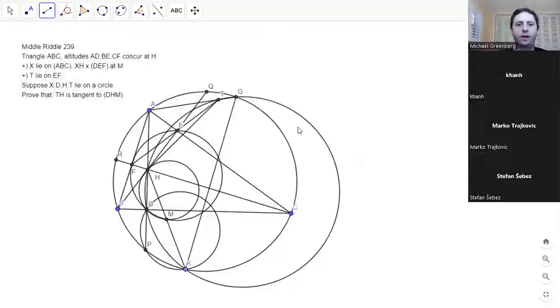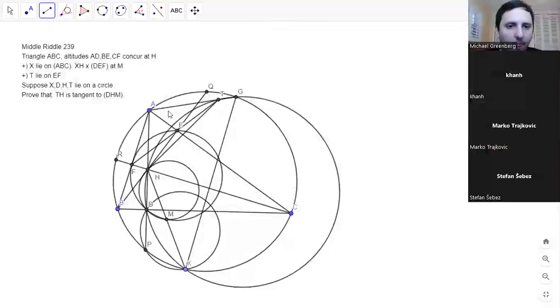By inversion at A. Oh, because AHEF is cyclic. So I guess you're inverting about A, doing an inversion about A with radius, yeah, root H. Okay. Yeah, let's see if we can do it just by angle chasing.